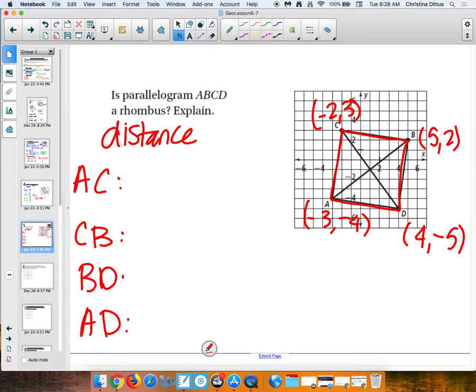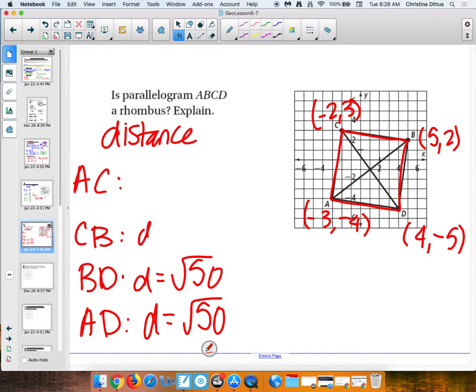Then -4 minus 3 is -7, squared is 49. 1 plus 49 is 50. So we got square root of 50. BD, what'd you get? Square root of 50. CB, what'd you get? Square root of 50.